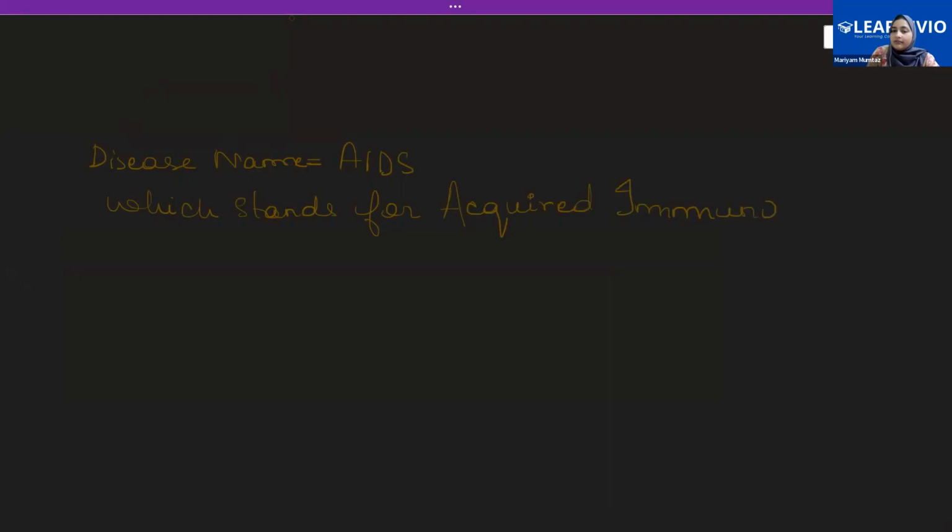D stands for deficiency. And S stands for syndrome. So acquired immunodeficiency syndrome is the full form of AIDS, and it is caused by the HIV virus, right?